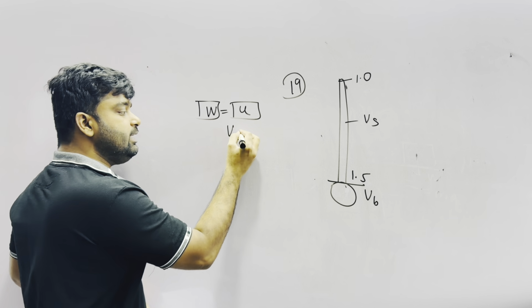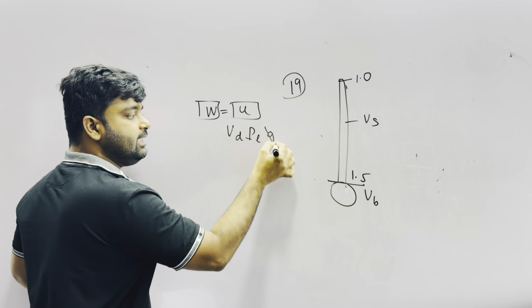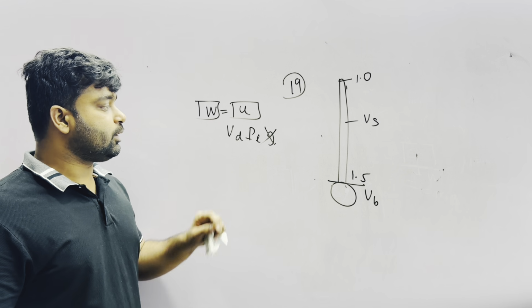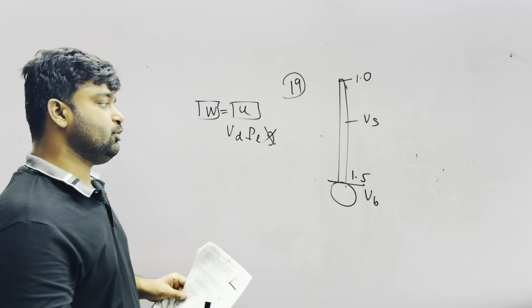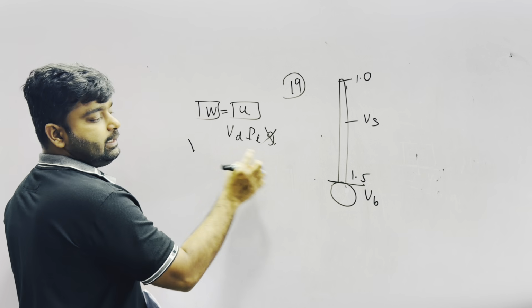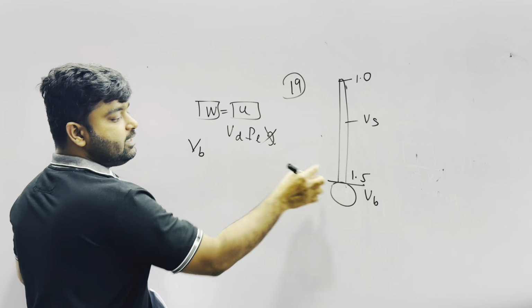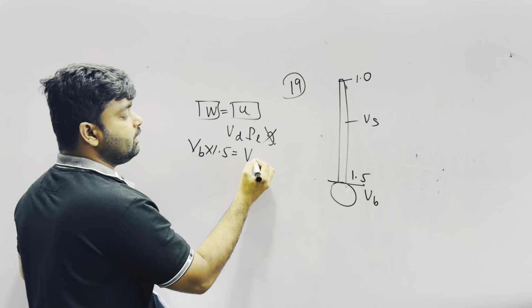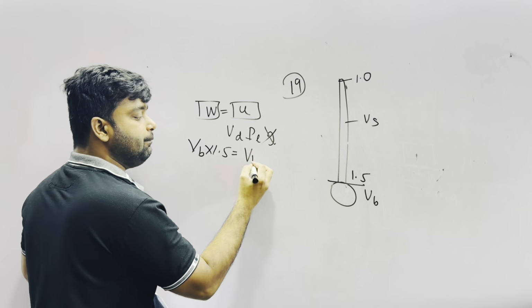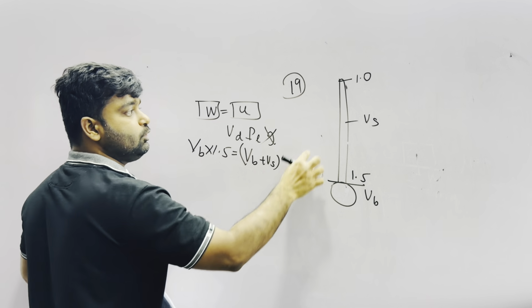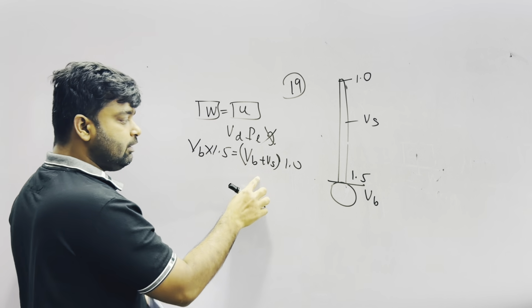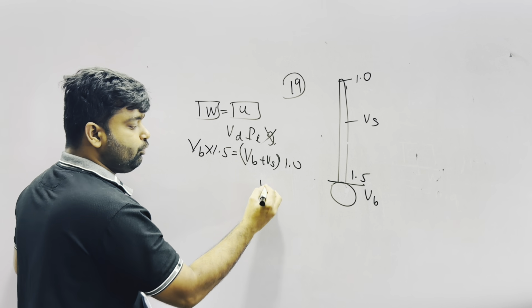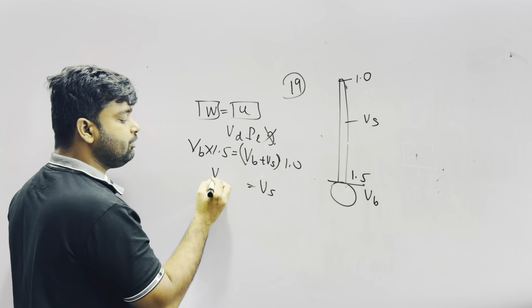Upthrust is equal to V displaced times density of the liquid times g. g is always constant. Then we can always equate the product of immersed volume and the density of the liquid. Initially, Vb is immersed when it is floating at the density of 1.5, and Vb plus Vstem, the whole volume, is immersed when it is floating in water. From that we can find the volume of stem. Vstem is equal to half Vb.